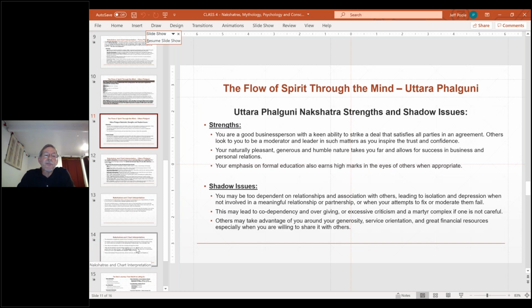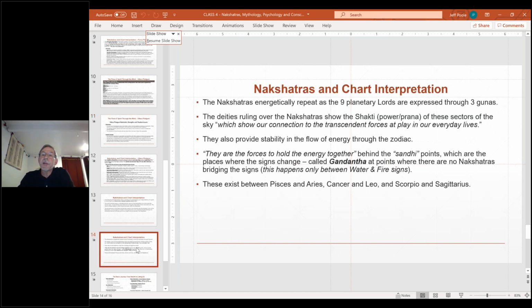I mean, she has strength, but that Magha energy of Ketu makes her scrutinize everything else. So it could give her that sense of superiority, that Ketu experience of scrutinizing everything down to the tip of a pin, every little detail.